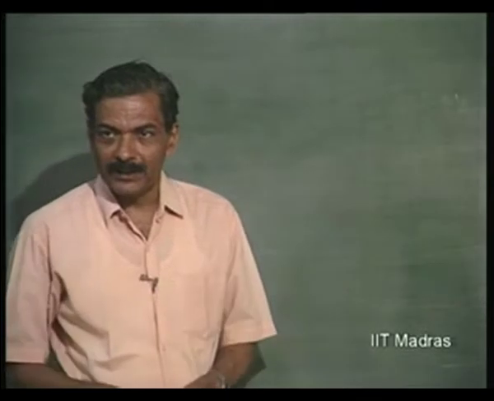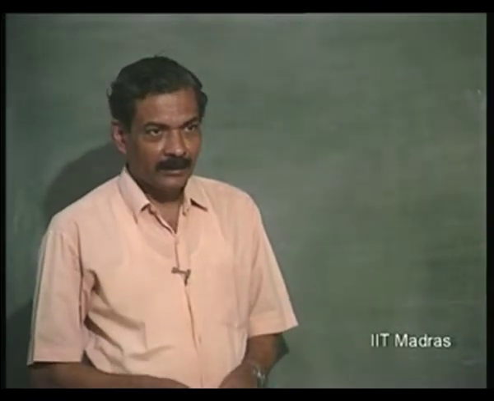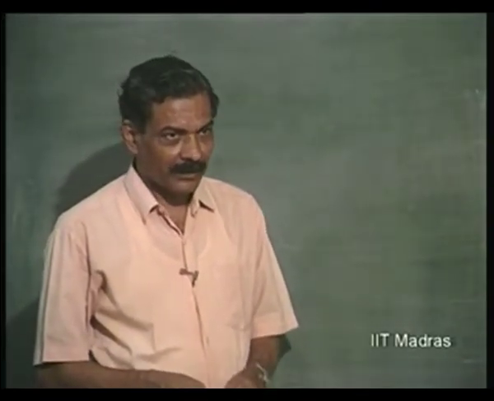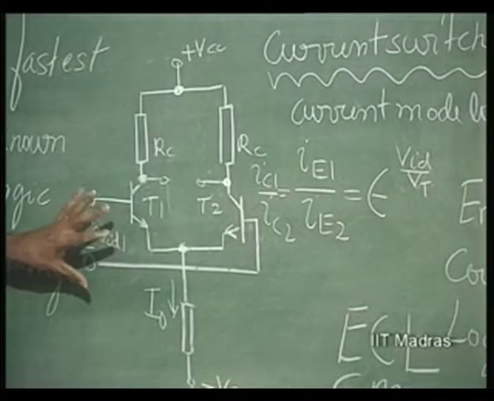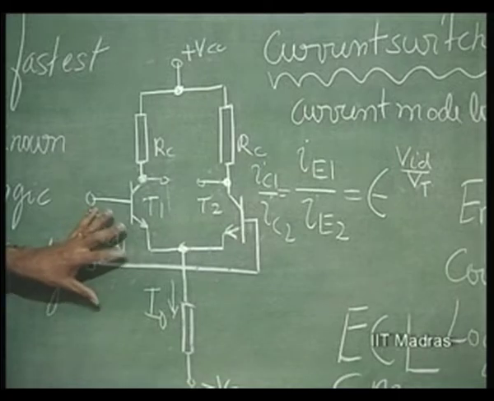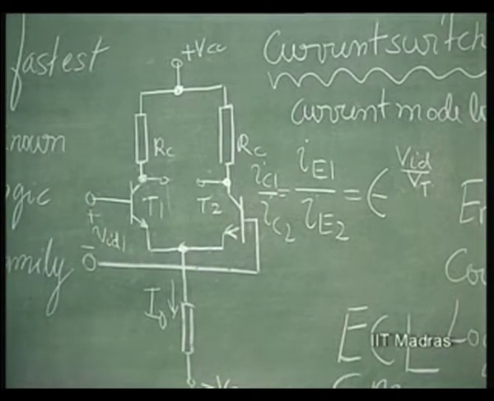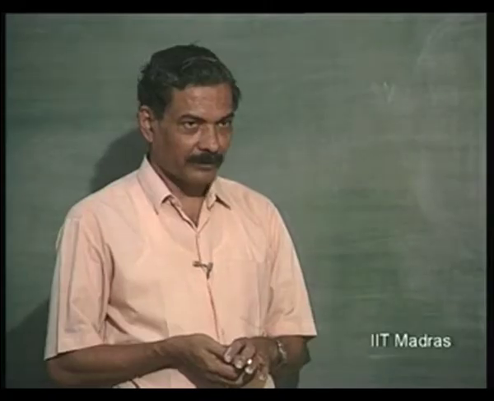This we did in the case of BJT common emitter configuration as well. What should be the magnitude of VID, if it is a sinusoid that I apply here, in order to retain distortion at the output lower than a specific value. And this will also facilitate comparing this with that of the common emitter amplifier.